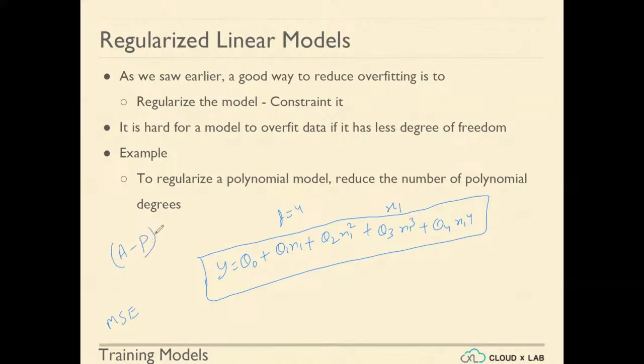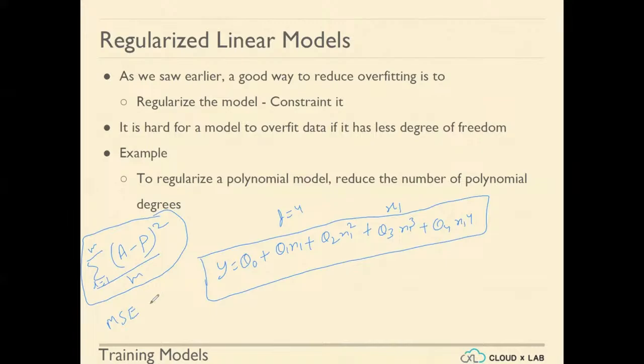We calculate the difference, actual minus predicted, squared, and sum it over all training examples, for i equal to 1 to m, and then divide by m, right? This is the MSE error we use. The formula we have already discussed, right?